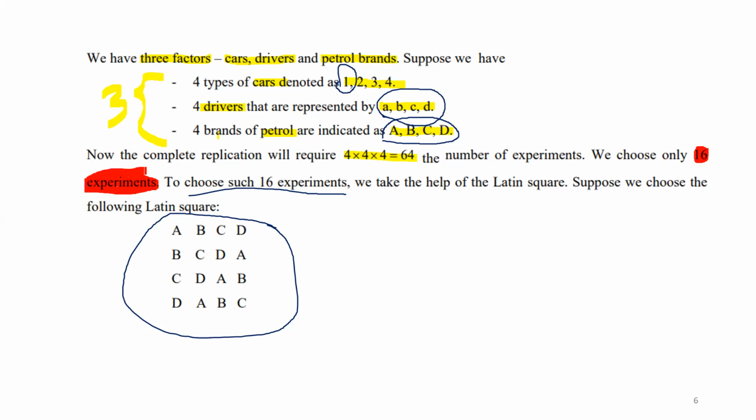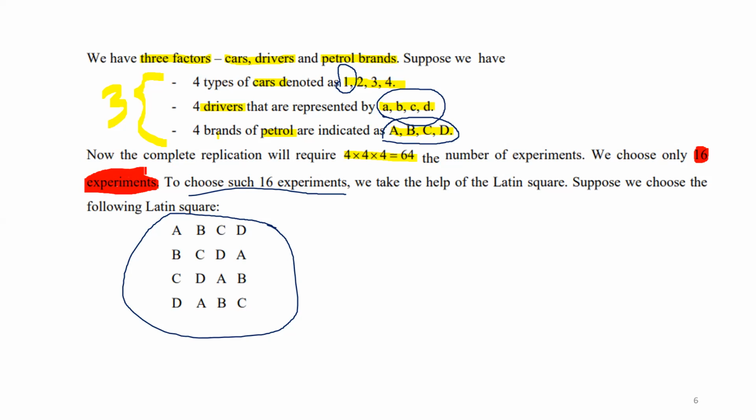So even though we would have 64 different types of observations, we have included all of them together in these 16 experiments. Let's see how that has happened. To choose such 16 experiments, we take the help of a Latin square.